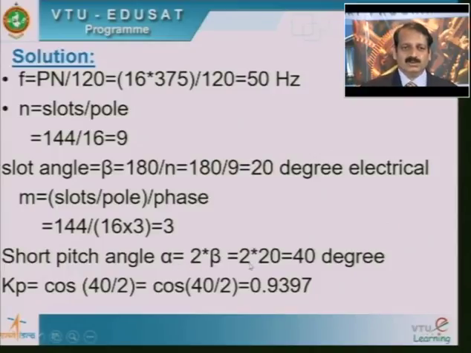Alpha is equal to 2 into 20, which is equal to 40 degrees. So, now pitch factor is equal to cos of alpha by 2, which is equal to cos of 40 by 2, which is equal to cos 20, which is calculated as 0.9397.